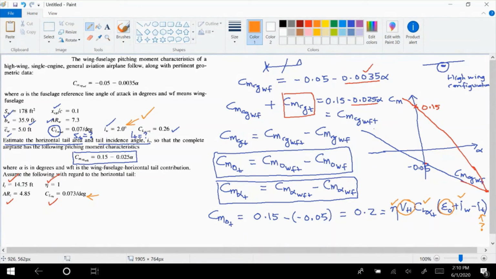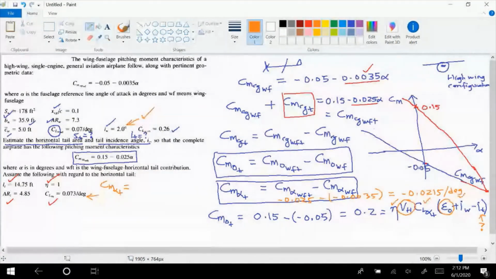So let's first find the value of this Cm alpha t. Cm alpha t is equal to Cm alpha wft, which is minus 0.025, minus Cm alpha wf, that's minus 0.0035. What will be the difference? Minus 0.0215, and this is per degree.